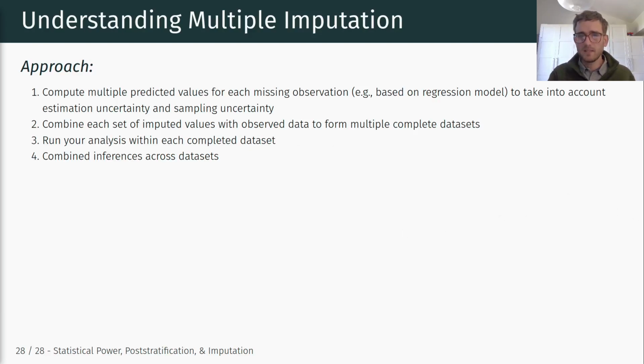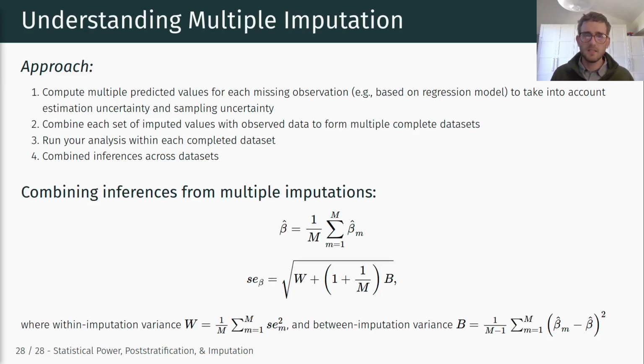The way we combine them is basically by taking, in the context of generalized linear models, our coefficients from each of those imputation data sets, and the overall estimate is then the average of the estimates across those imputations. Okay, so that's pretty straightforward. We have 5 different regression models with 5 sets of coefficients, and our overall across imputation estimate for each parameter is then the average across those imputation rounds.